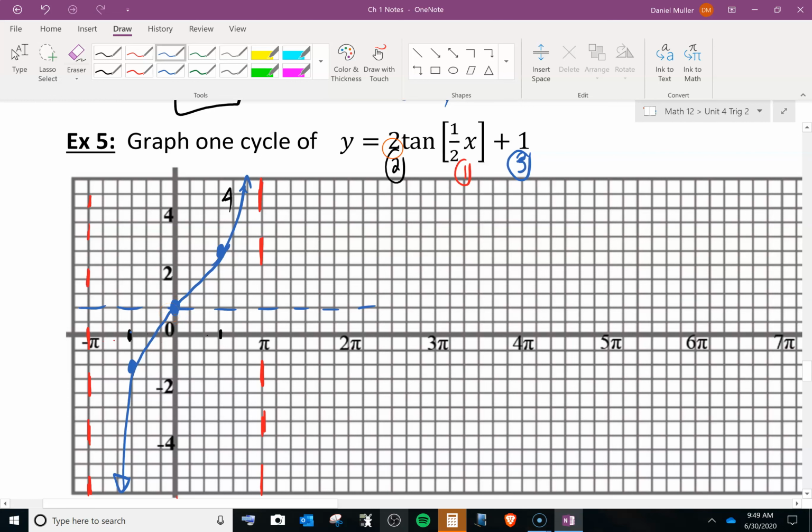And then that will tell you, if you go halfway, how high should you go. In this case, it was go up by 2. 1, 2. And then over here, halfway, how low should you go? 1, 2. If it was a 3, I would go 1, 2, 3. Same as on this side. Go 1, 2, 3.